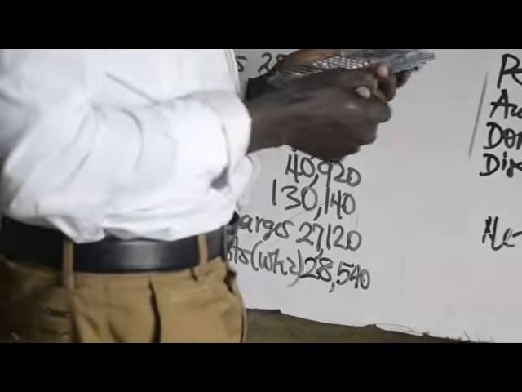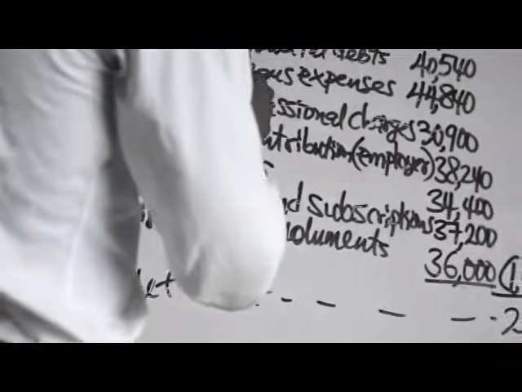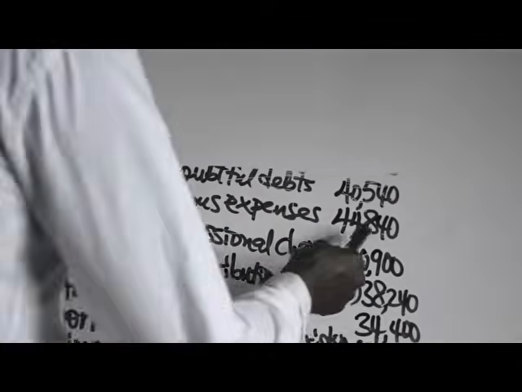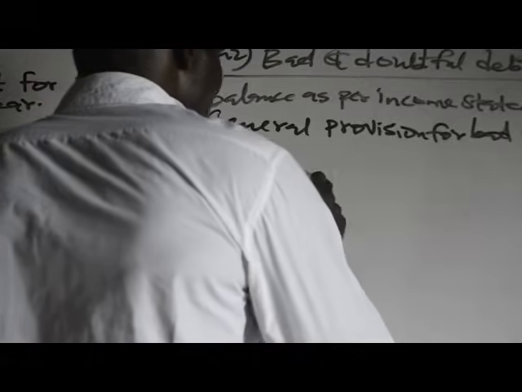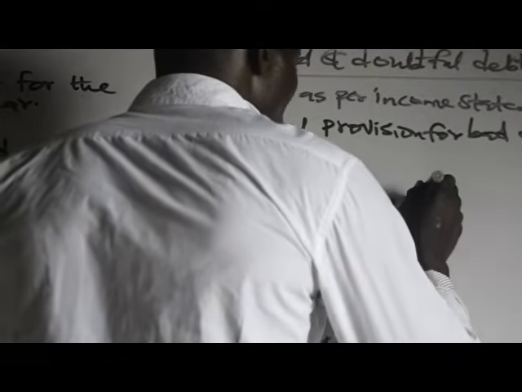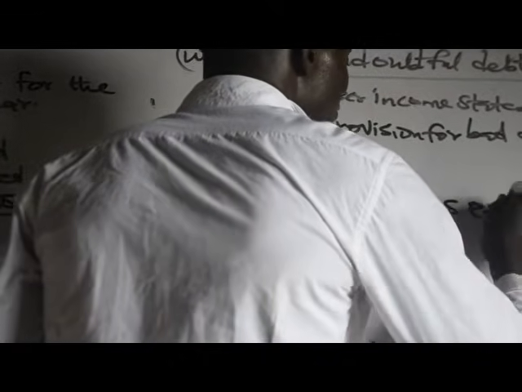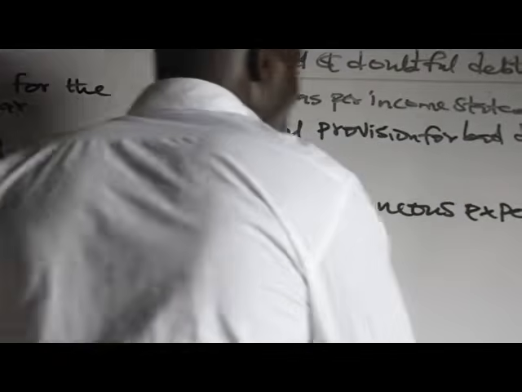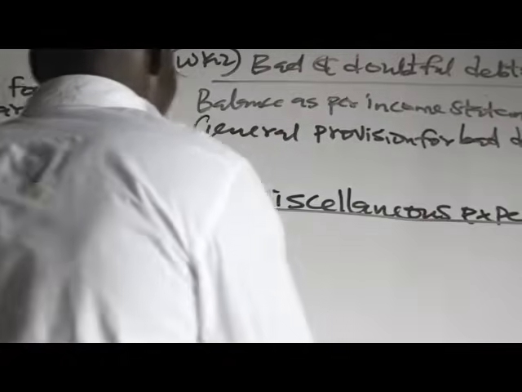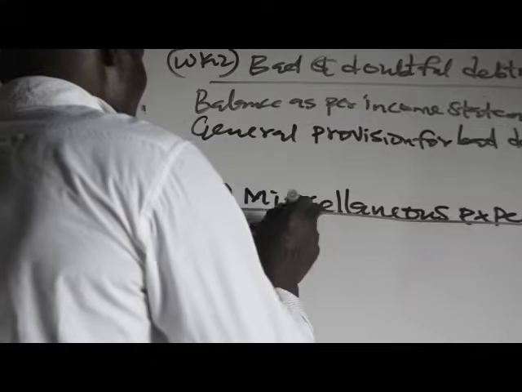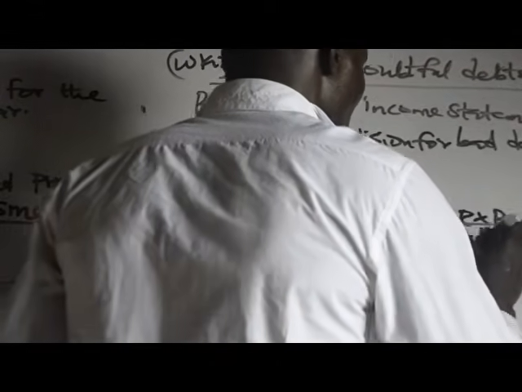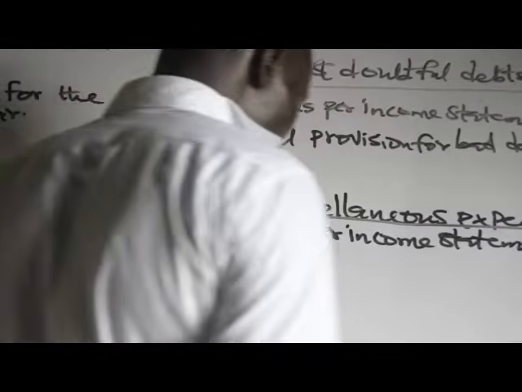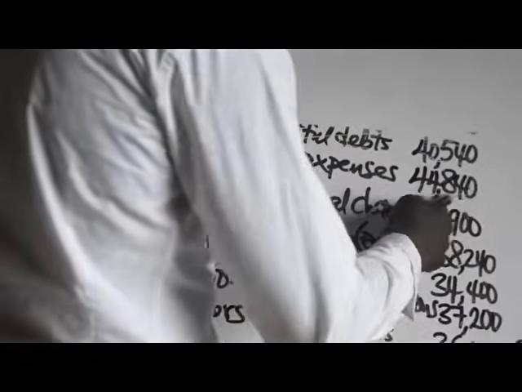Now, after bad and doubtful debts, we have miscellaneous expenses, 44,840. Let me have that as working three. Miscellaneous expenses, balance as per income statement, amounted to 44,840.